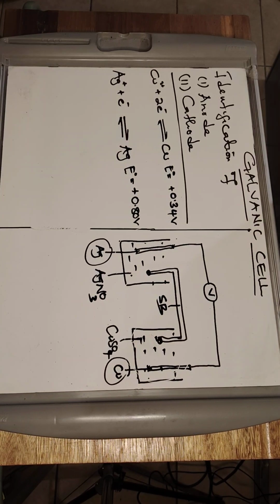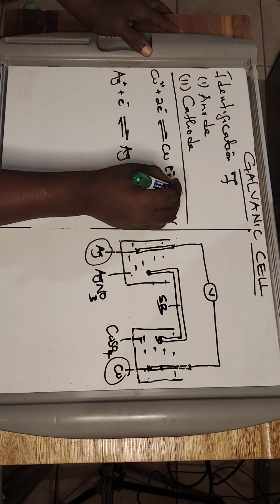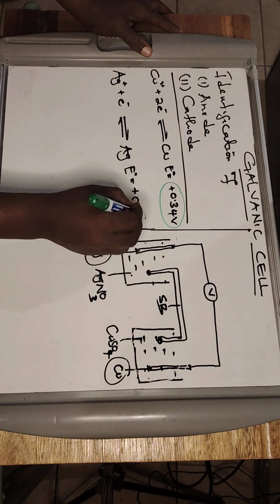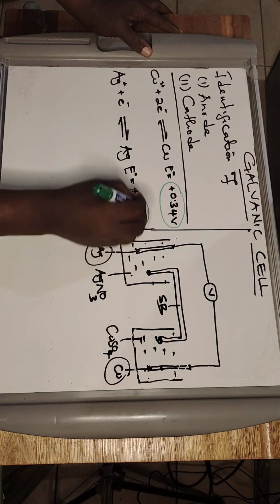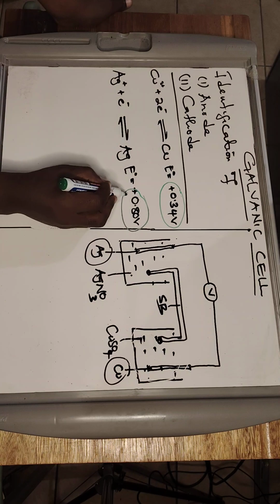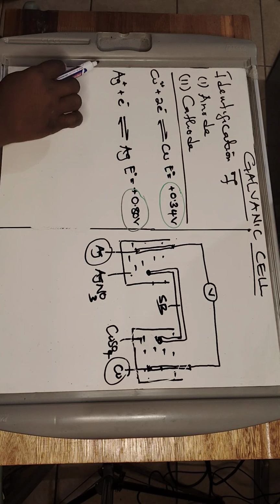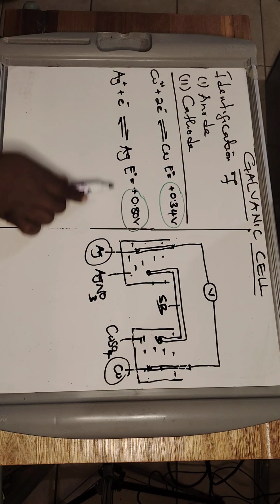Now, the second approach involves use of standard reduction potentials, these values. If you remember, during one of our videos, we said that a positive value implies that the reaction wants to go in this manner, which is reduction.